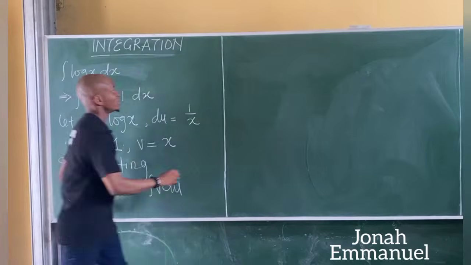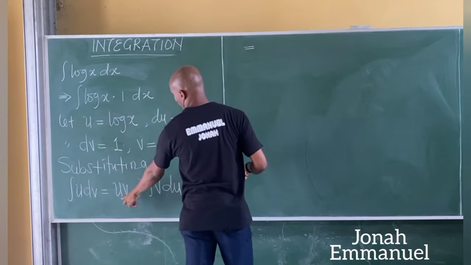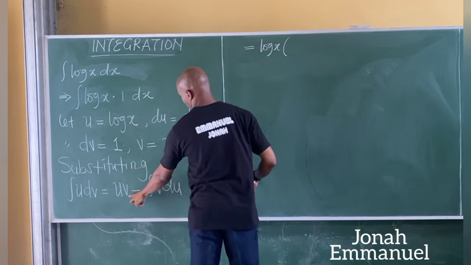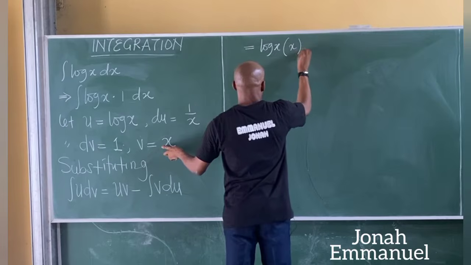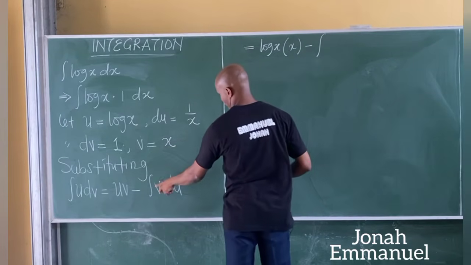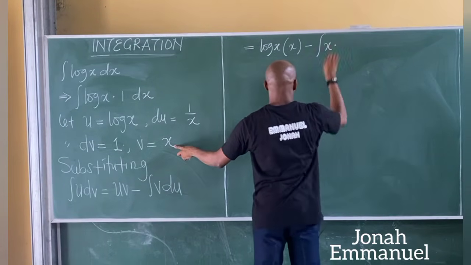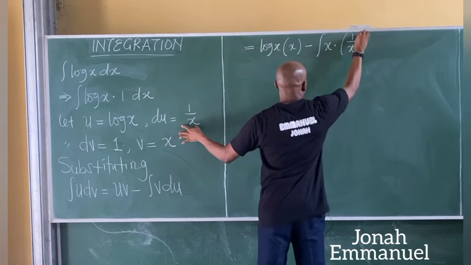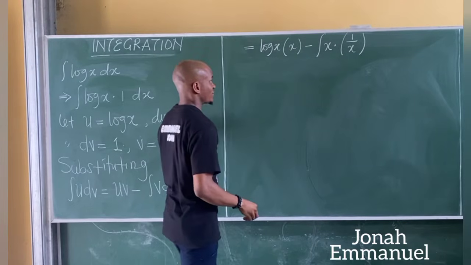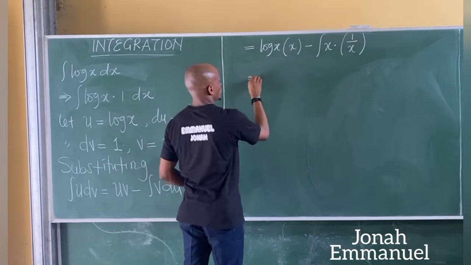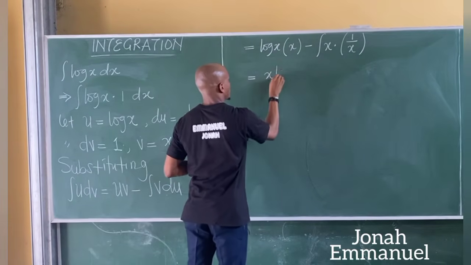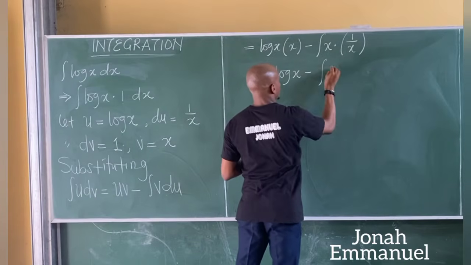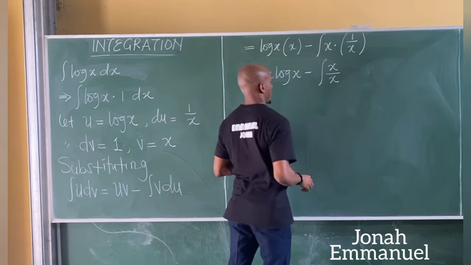So hence, this will now be equal to, the value of u is log x, so it becomes log x into v. The value of v here is x, minus integral of v, which is x, times the du, which is 1 all over x. So I have this. If I work on this, it is now equal to log x times x gives x log x, minus integral of x times 1 gives x all over x.